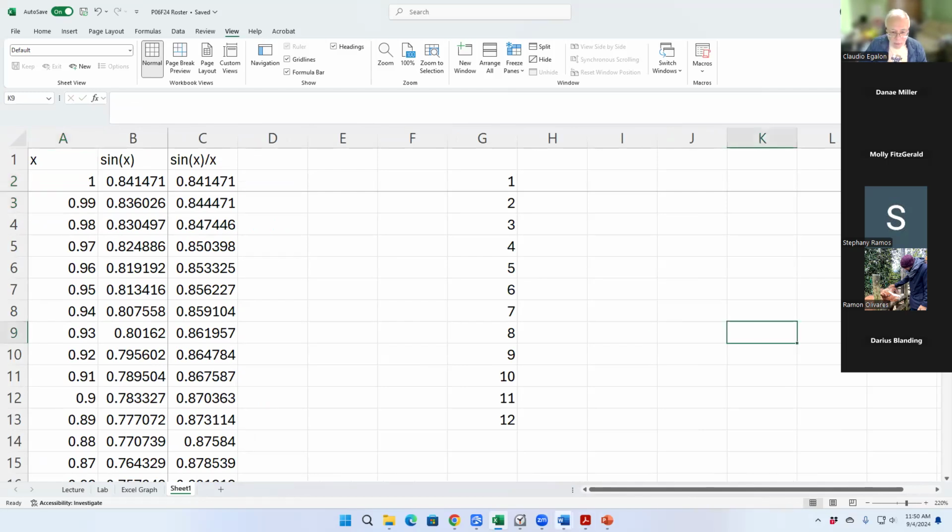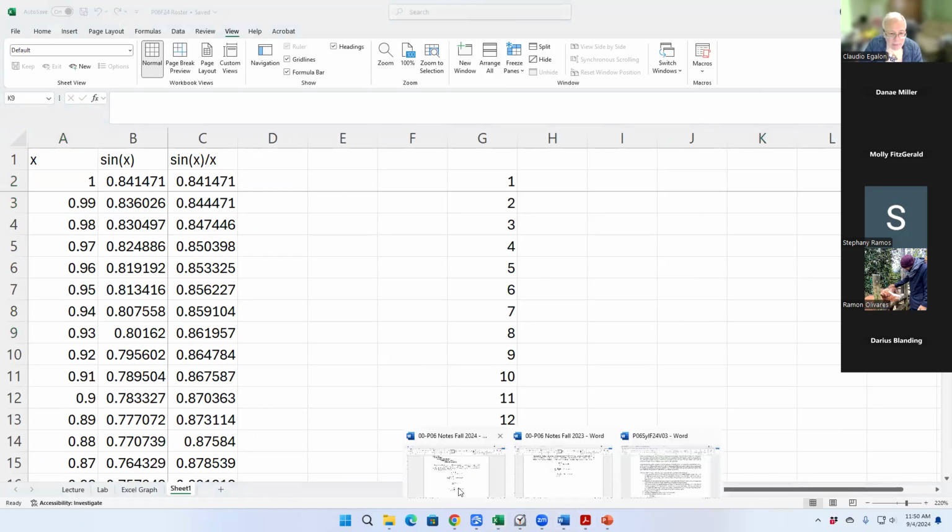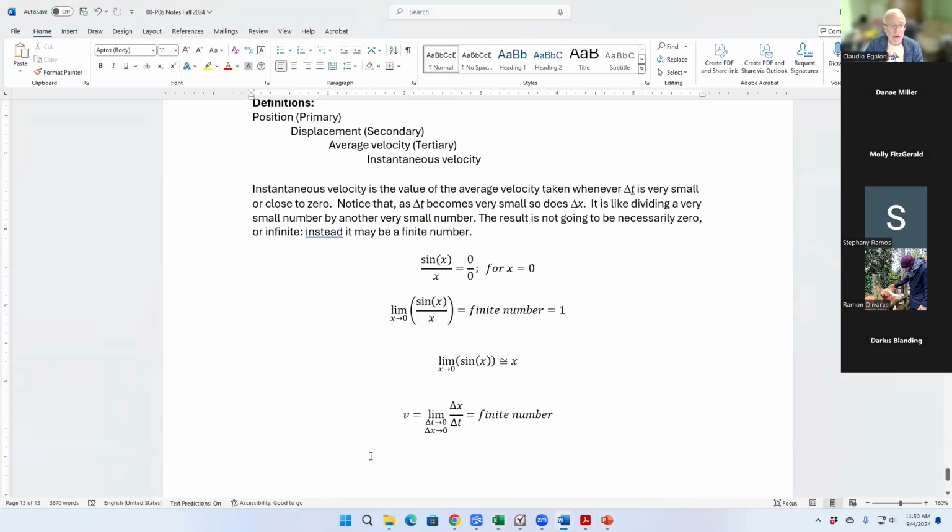Okay, so let's move forward. We have 10 more minutes to go. So here you go. That's the definition of instantaneous velocity. The next concept in physics, okay?